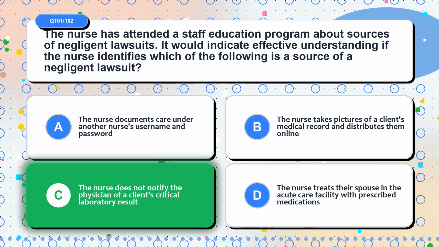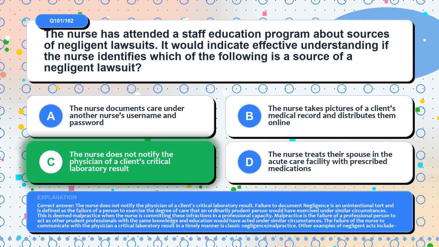The correct answer is option C. The nurse does not notify the physician of a client's critical laboratory result. Negligence is an unintentional tort and is defined as the failure of a person to exercise the degree of care that an ordinarily prudent person would have exercised under similar circumstances.